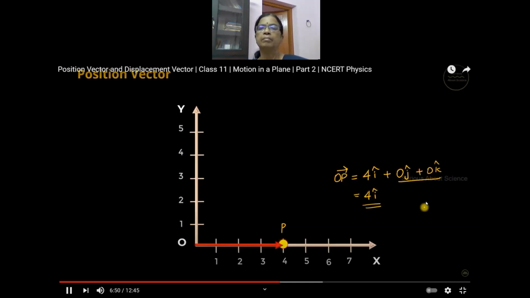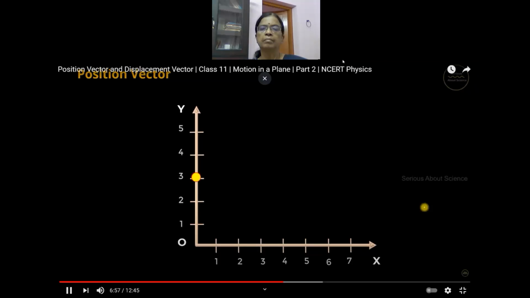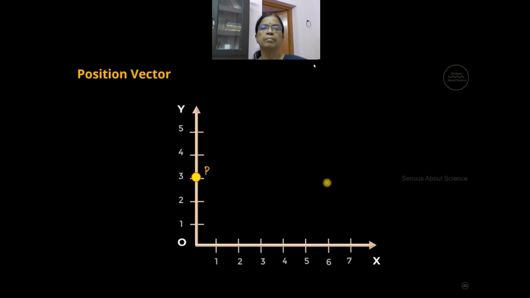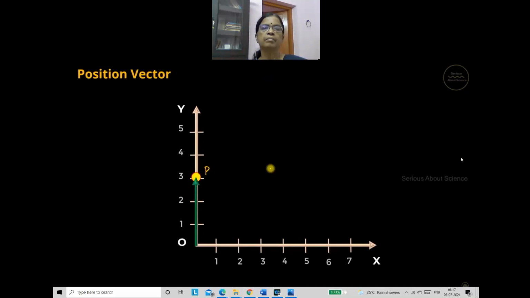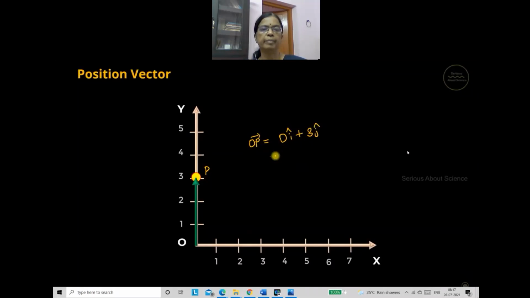Now another example is this case, where the particle lies along the y-axis. This is the position. If you draw a vector from the origin, we'll get the position vector, that is vector OP. Here vector OP can be written as 0 I cap plus 3 j cap, or say it is 3 j cap. That is the position vector. You see this one?